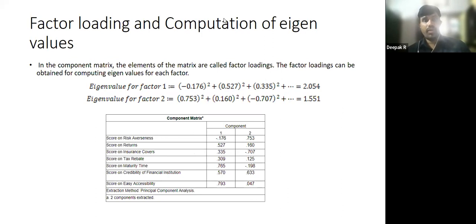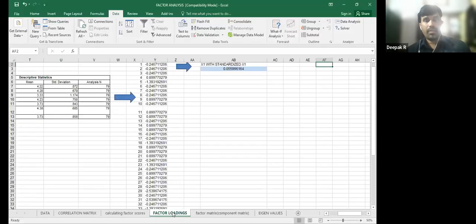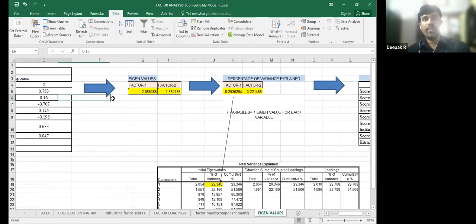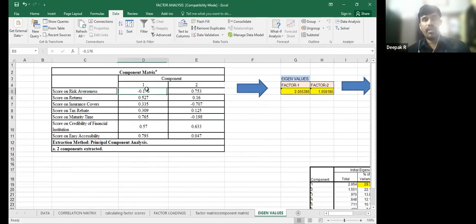Yes, here in the factor loadings, you will notice that we have the component matrix, and all we have to do is find the eigenvalues. How will we find the eigenvalues? It is nothing but the sum square function.